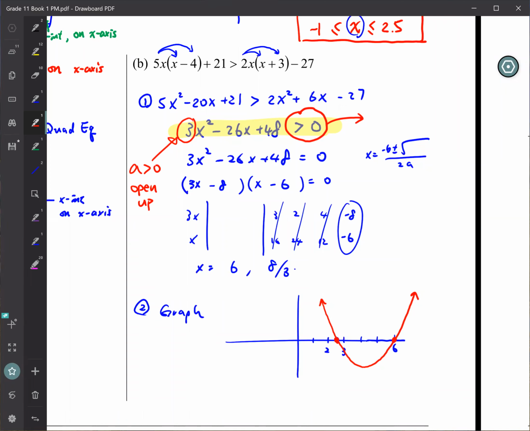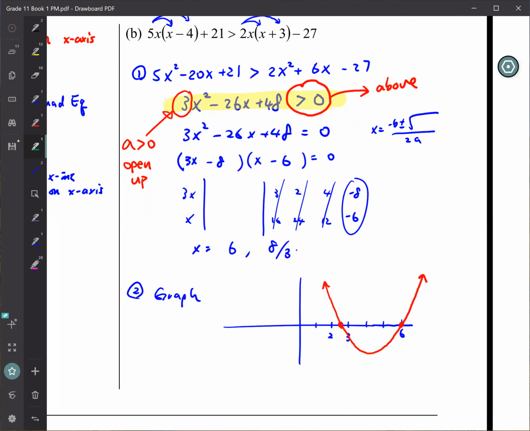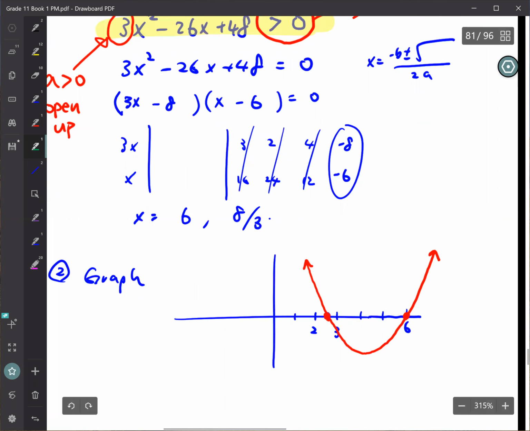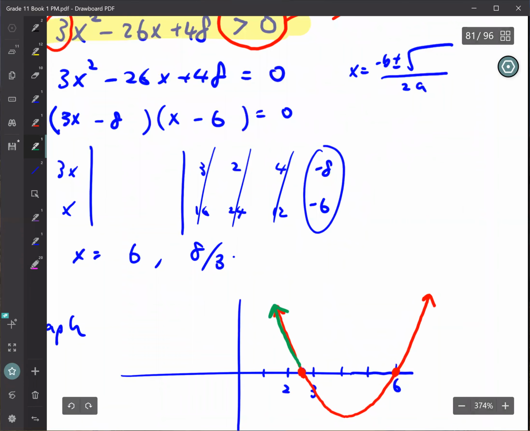Okay, greater than means above. So when we draw the line, it doesn't have an equal sign this time, right? This is the first question, we don't have equal. So we do not want anything that's on the x-axis. So on the graph, above will be this part, right? Above x-axis.